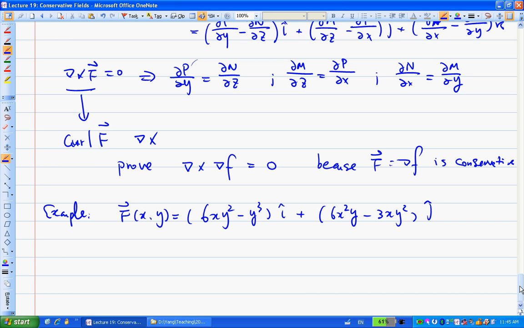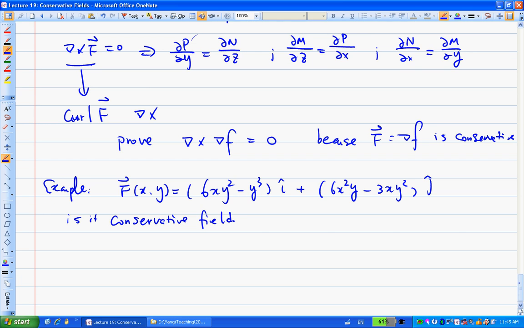Here's a vector field. First, is this a conservative field? How do we check? We have this theorem, so let's check whether f is a conservative field.